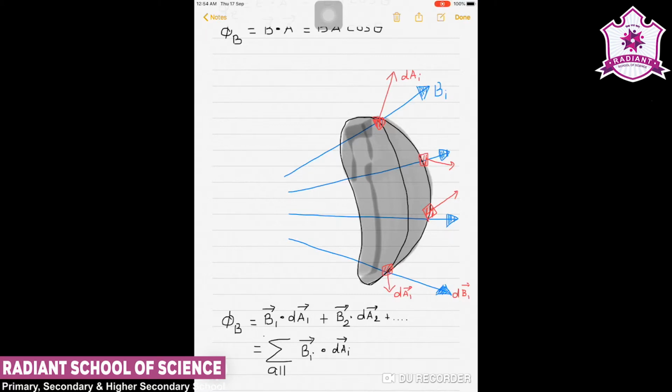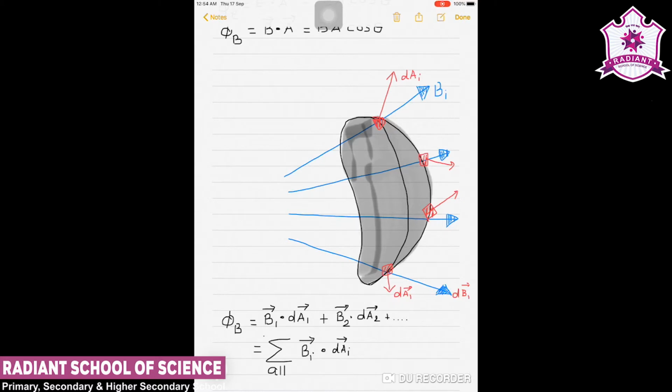Here again I would repeat that the sum stands for the summation over all the area elements dAi comprising the surface, and vector Bi is the magnetic field at the area element dAi.